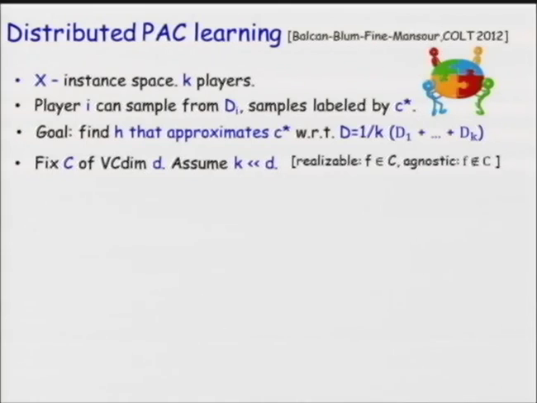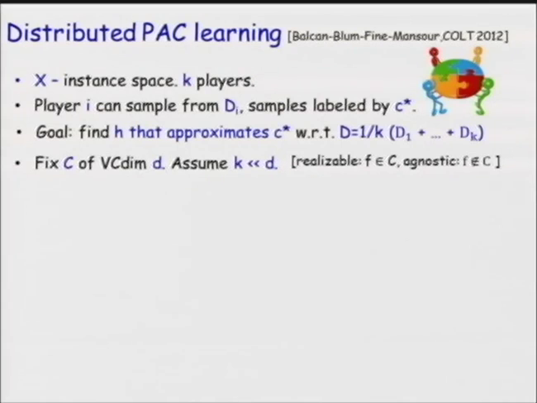These examples are then labeled according to some fixed but unknown target function. In this setting, our goal is to find a hypothesis h that has small error rate over the mixture of these distributions, D_1, D_2, ..., D_k.